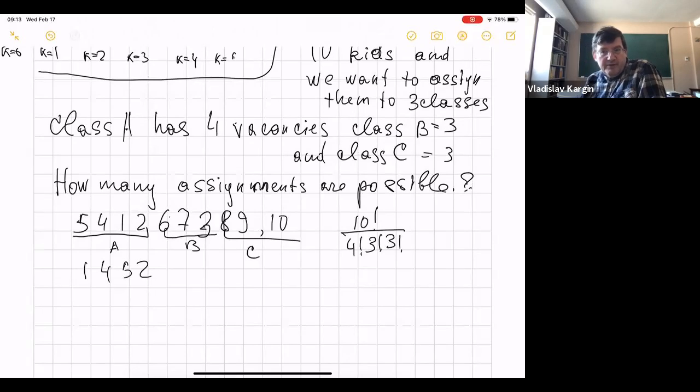And we see that we got again our multinomial coefficient, equal to 10 choose 4, 3, and 3. Right? And this is a general result.